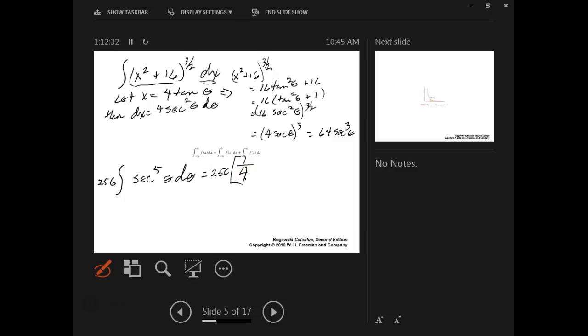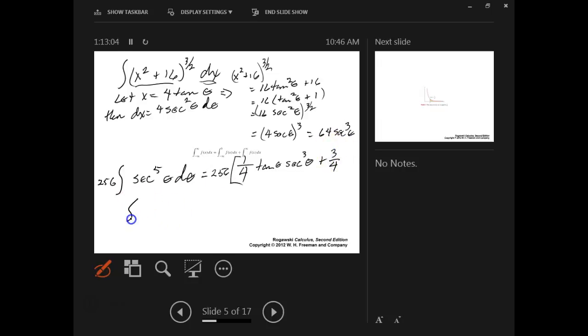What follows that? Tangent theta secant cubed theta, perfect, plus 3 over 4.